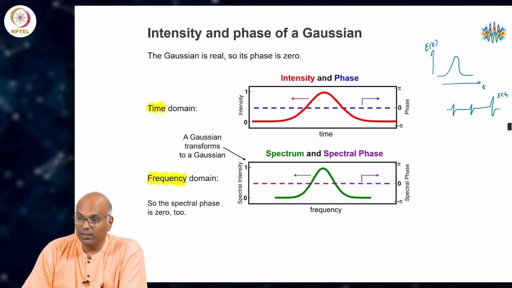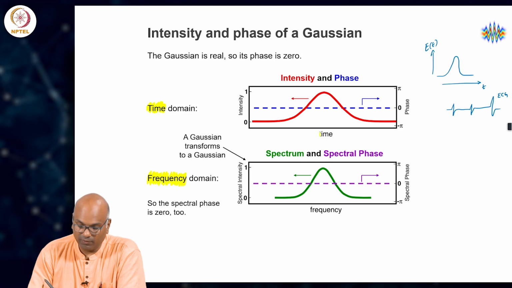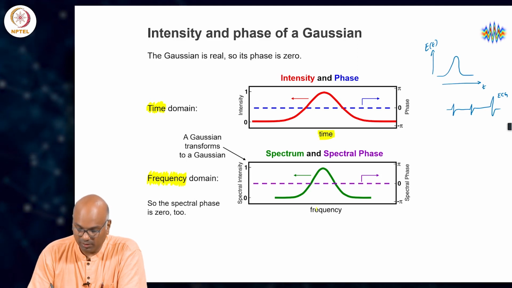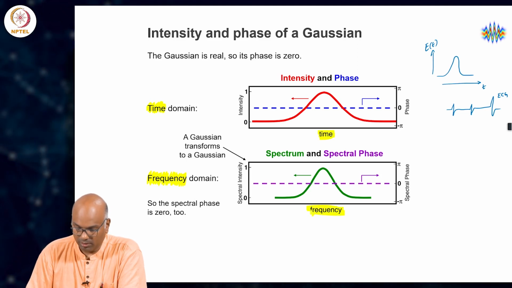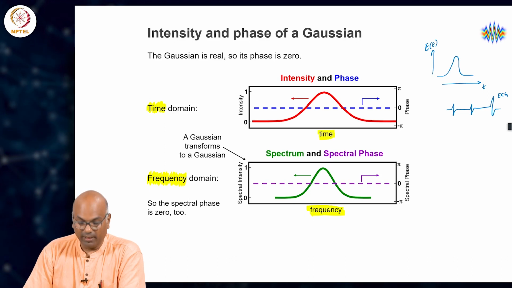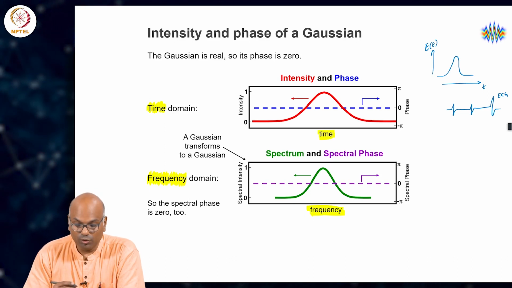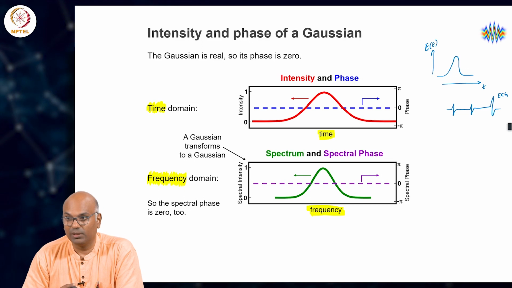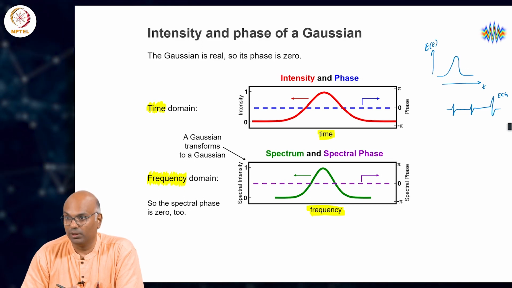In both domains, our picture of the pulse should contain an axis for time or frequency correspondingly, and then we need two axes to describe this in terms of measurable quantities.